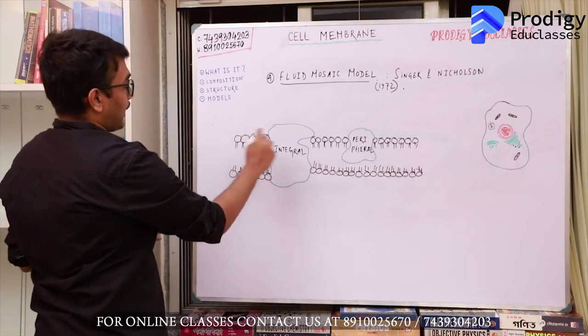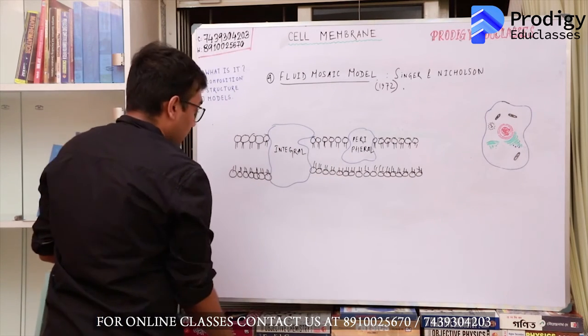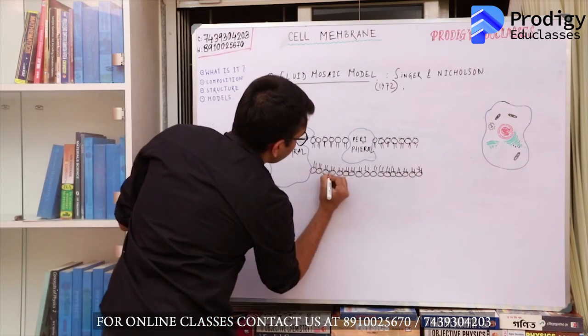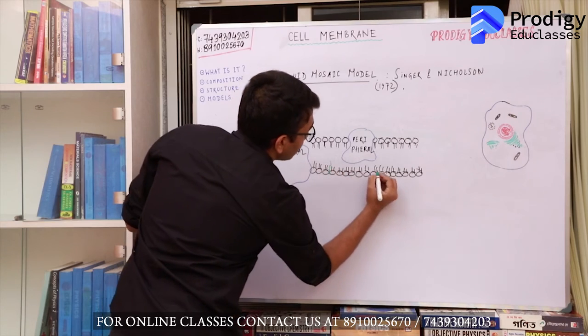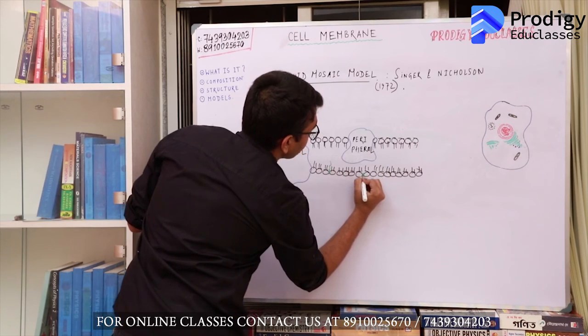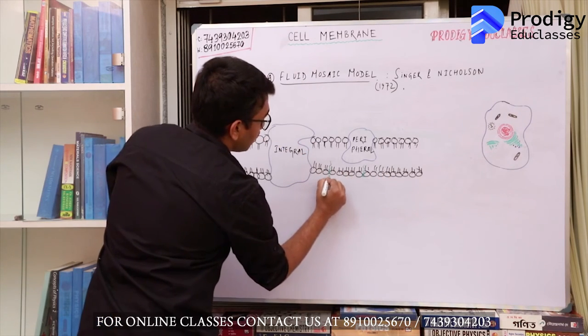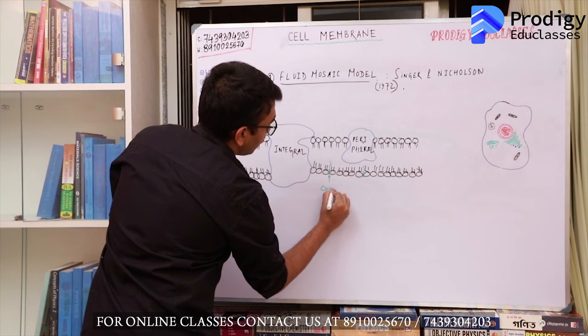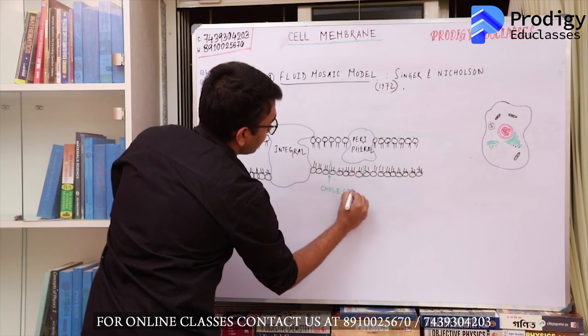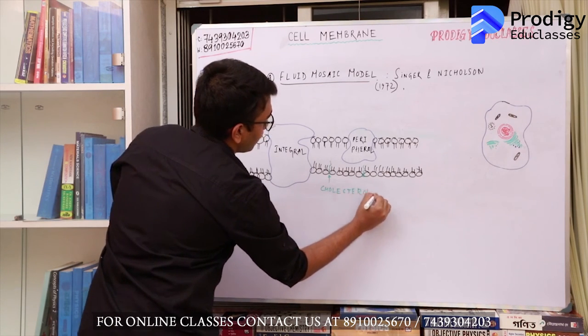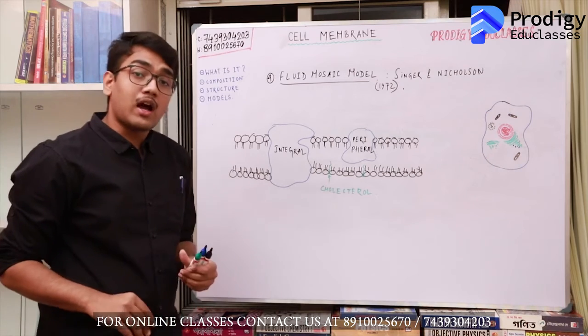And you have these lipid bilayers where the phospholipids are arranged. You also have sterols present in between. These are the cholesterol. These are also lipids. So what about the carbohydrates?